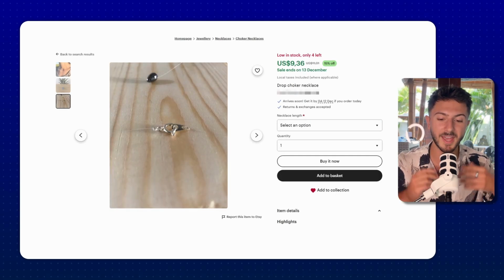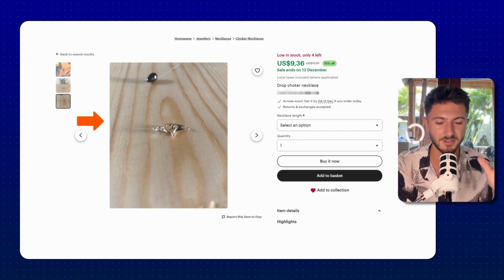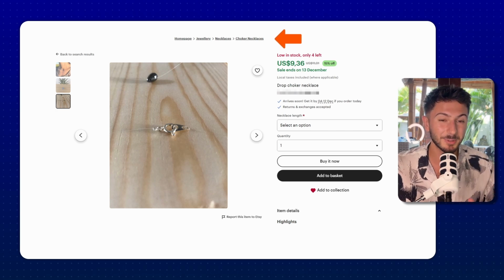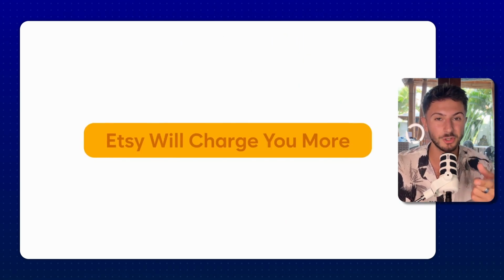Because of course, if Etsy looks at your listing and they think it's a really bad listing, you know, your pictures aren't very good, you haven't done your SEO, and you're also trying to compete in a really competitive niche where there's lots of competition, then because of this, Etsy are going to charge you a lot more to put your product in front of customers compared to another shop's product, which they think is going to have a lot more likelihood of selling.